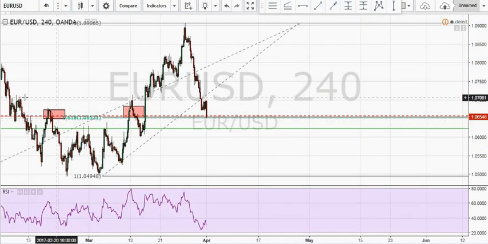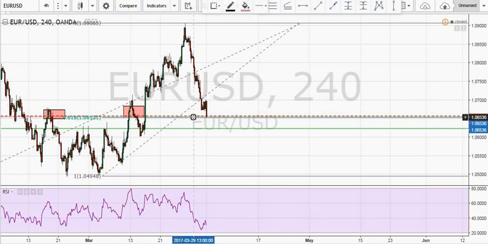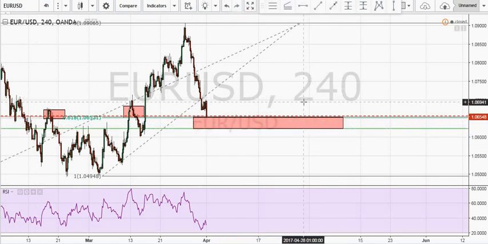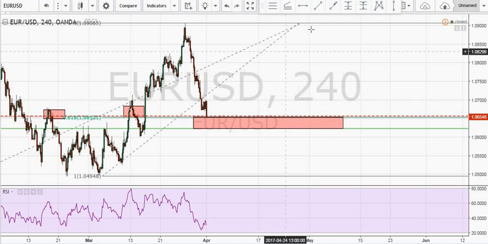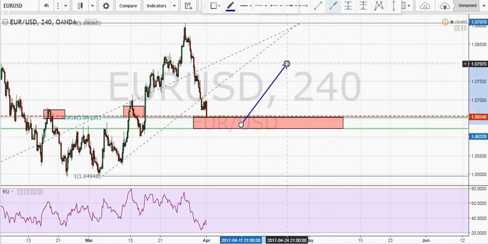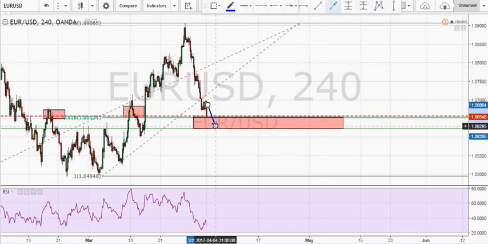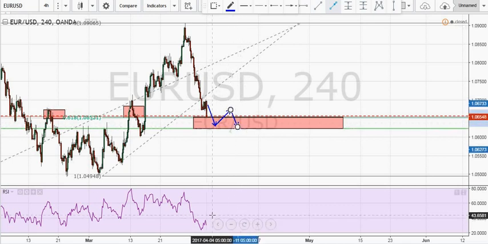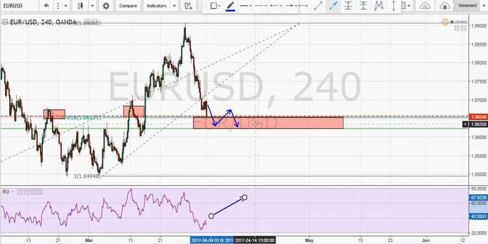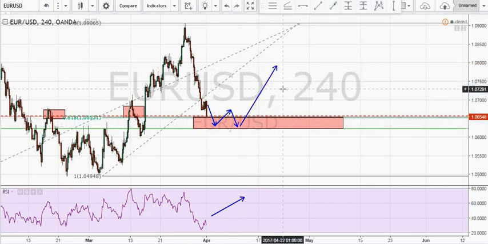We can use these Fibonacci levels to look at this zone right here, which is what I like to call the decision zone, which means it's a potential area for price to reverse to the upside. So if price were to come down into this area, potentially forming a double bottom and potentially showing positive divergence on the RSI, I would be looking to buy the pair. Alright, so that is the Euro USD on the 4-hourly chart.